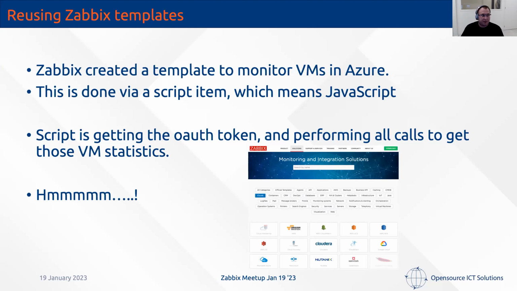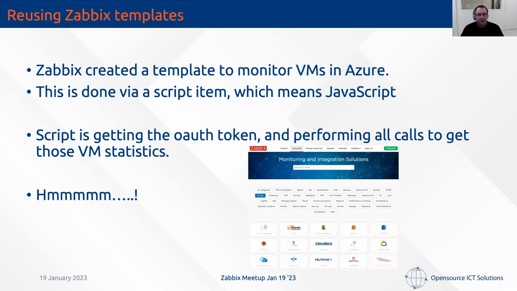That's done via script item. And in that script item, we are basically utilizing JavaScript to talk to those remote APIs or the remote endpoints. In that script item, if you look at the workflow, it is getting an authentication token, and with that token, performing all calls to get statistics out.